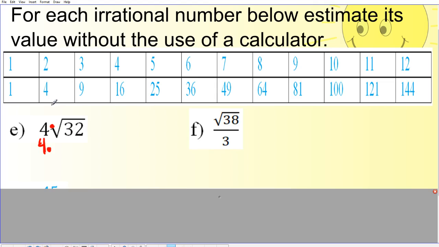Square root of 32 is between here and here. It's definitely closer to the 6. So I'm going to say square root of 32 is about 6. I'm approximating. I'm estimating. So if I take 4 times about 6, I'm going to get about 24. That's as close as we can get.